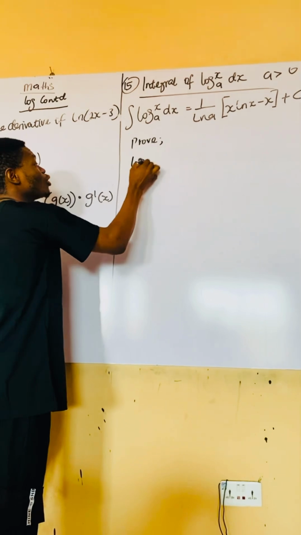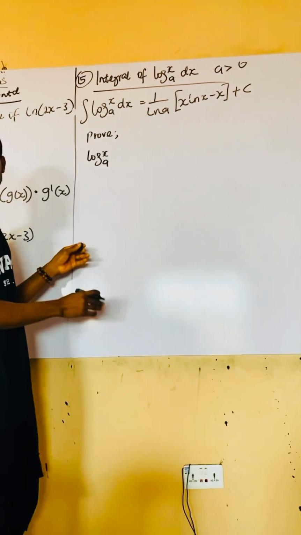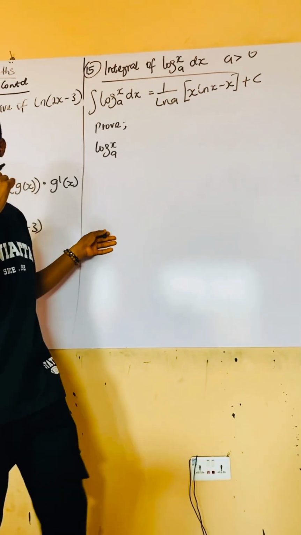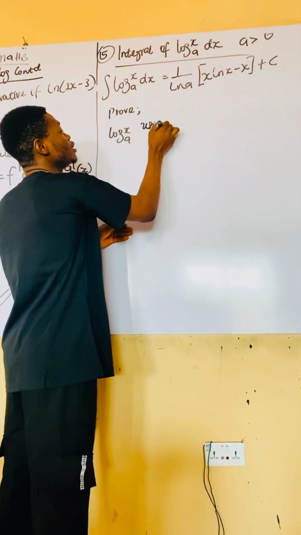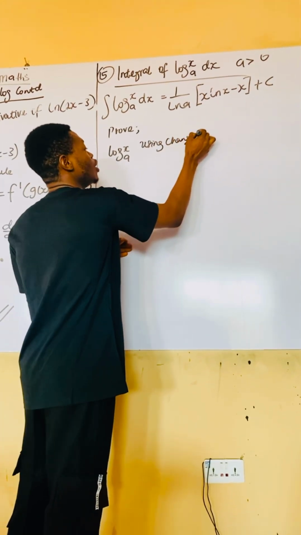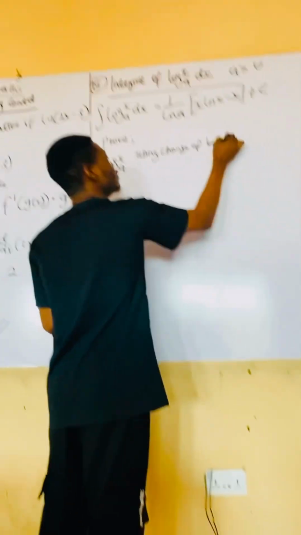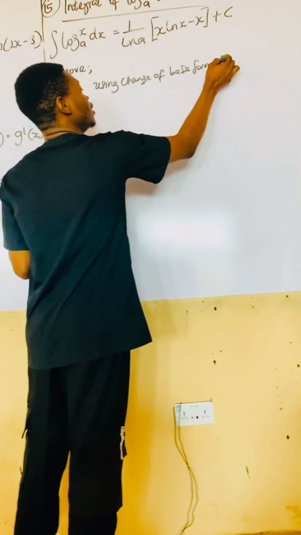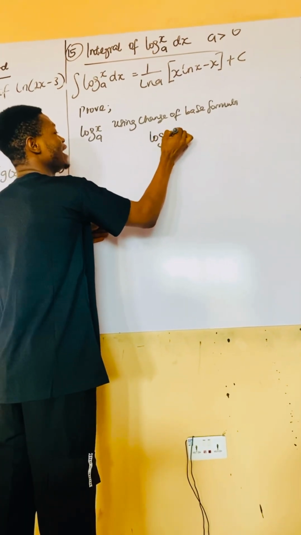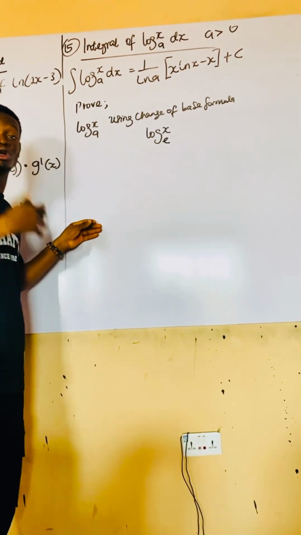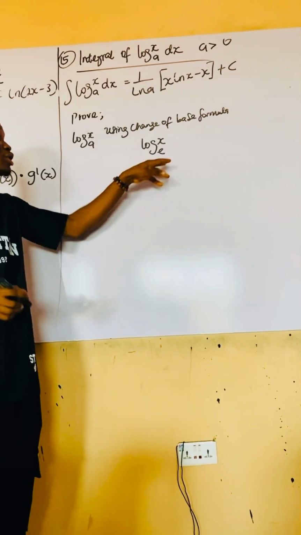Now we have log x base a. Do you still remember change of base? So using the change of base formula, we are going to have log x over log a, where we introduce a new base of our choice: base e.